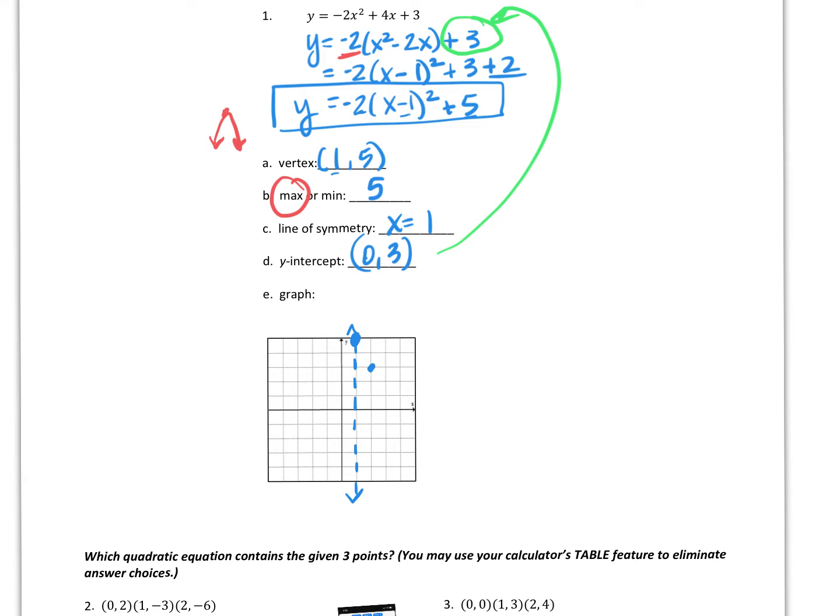Reflected over the line, I get this point. And then going over 2, I would normally go down 4, but 4 times 2 gives me 8. So I'm going to go 6, 7, 8 right here. Reflected over the line, there it is. And then I draw my curve. There's my parabola.